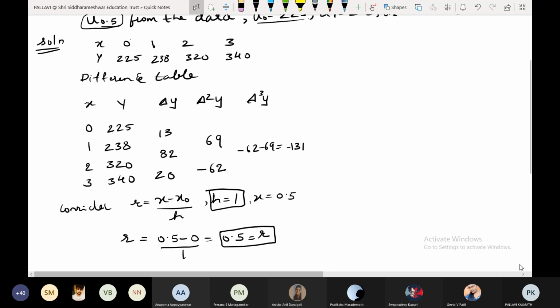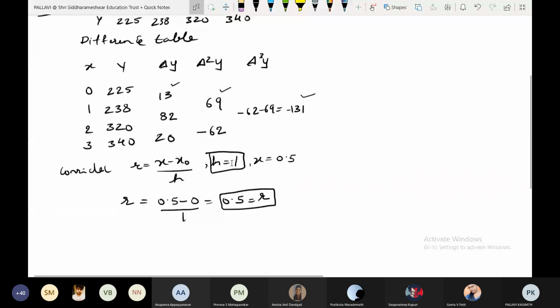Then you have the first forward difference, 13, next 69, next 131.